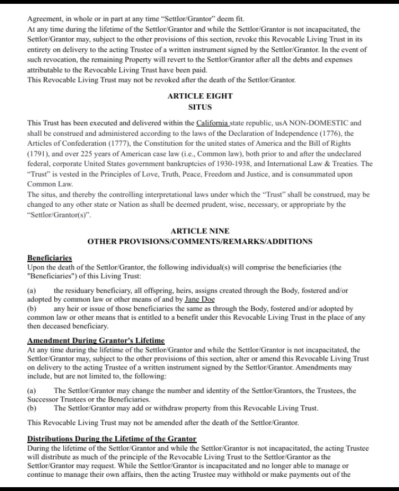B. Any heir or issue of those beneficiaries the same as though the body fostered and or adopted by common law or other means that is entitled to a benefit under this revocable living trust in the place of any deceased beneficiary.